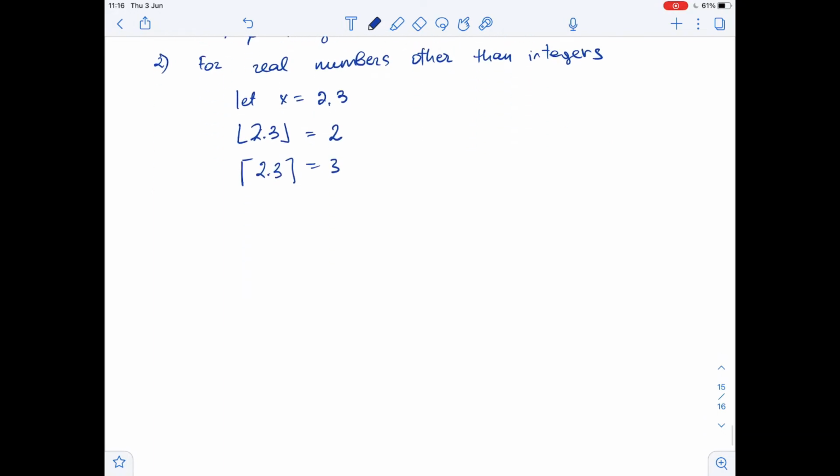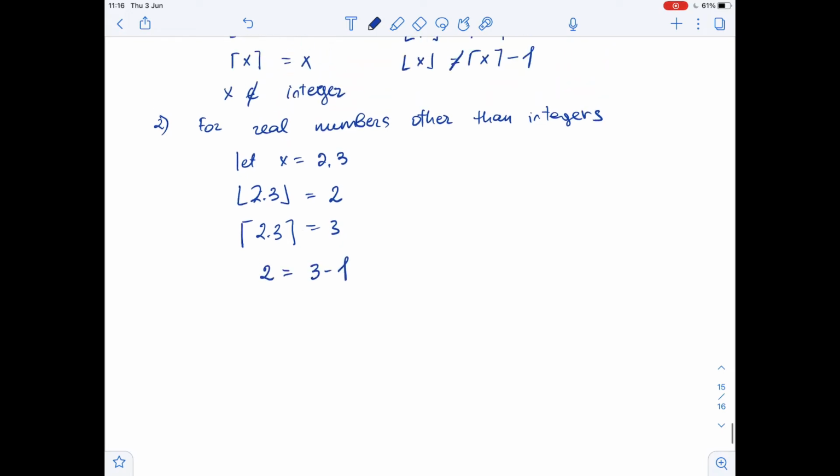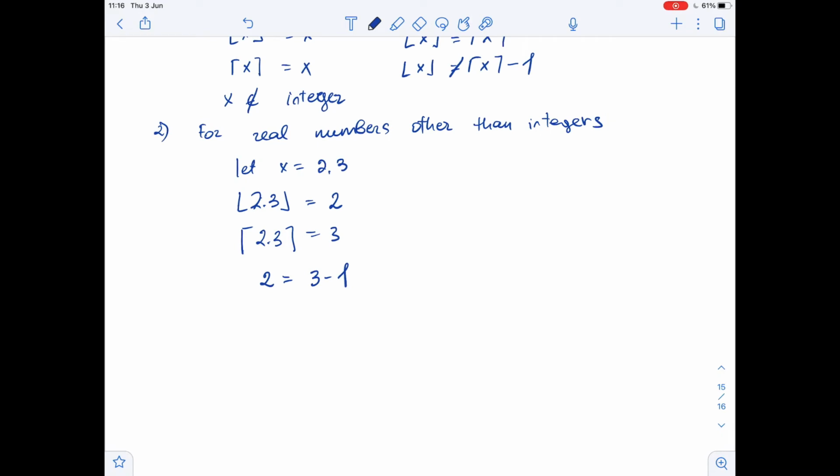And we see that 2 is equal to 3 minus 1. So we have that floor function of 2.3 is equal to ceiling function of 2.3 minus 1. So our initial statement is true in this case. So the statement is true for positive real numbers.